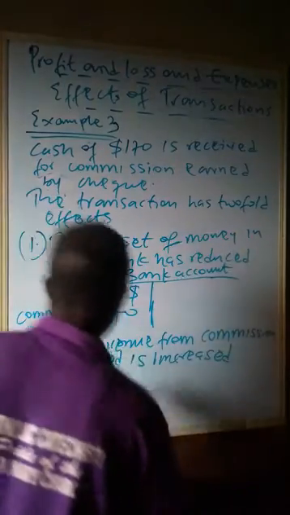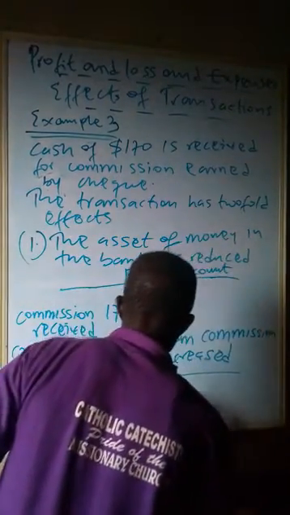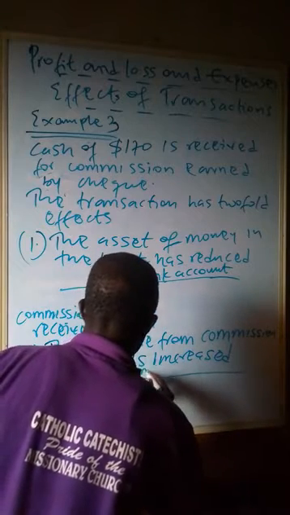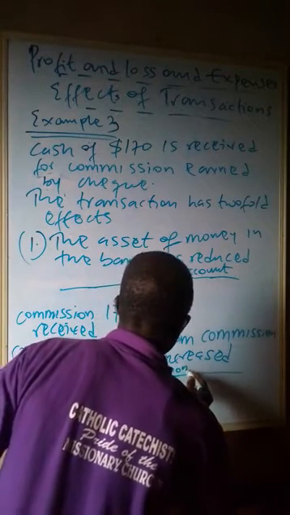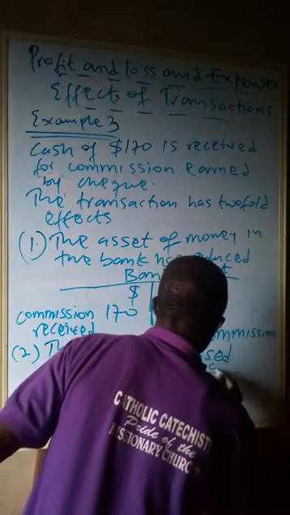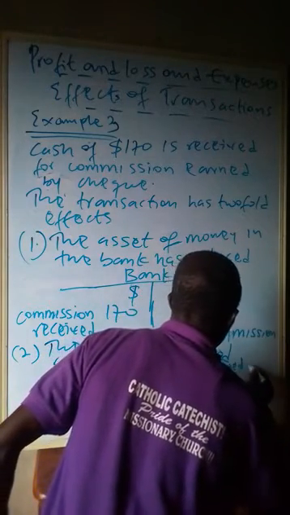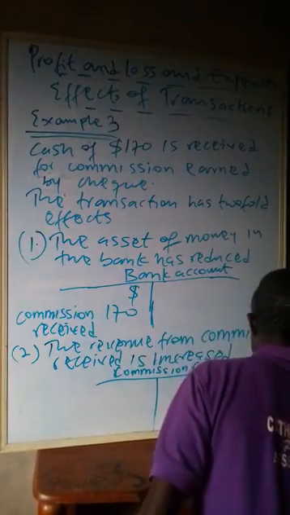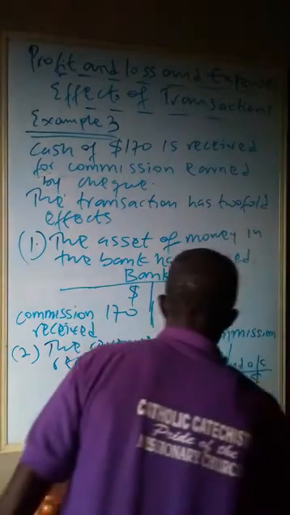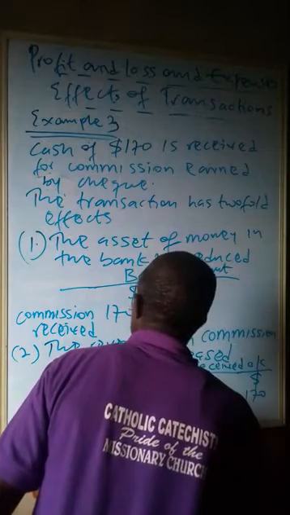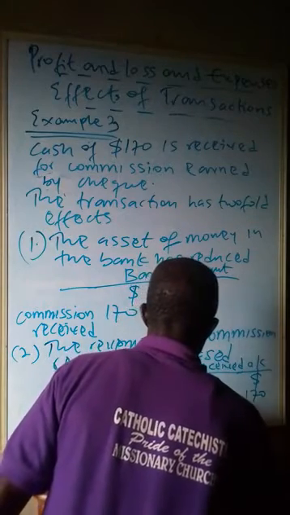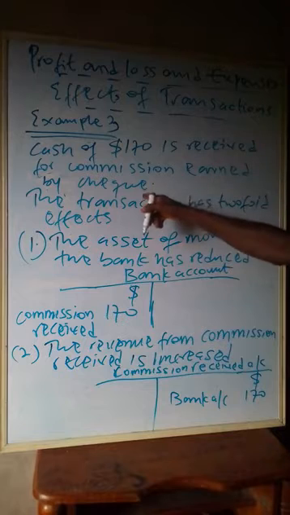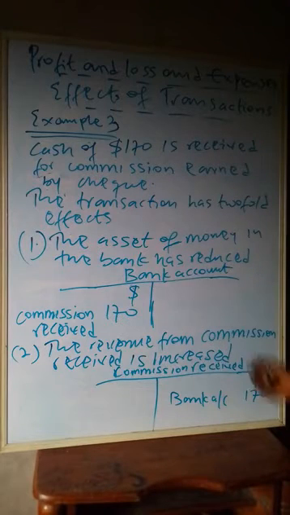And when revenue increases, what do you do? You credit the commission received account. And what's the corresponding entry? That is the bank account. Since you say check, whenever you hear check, that is the bank account.